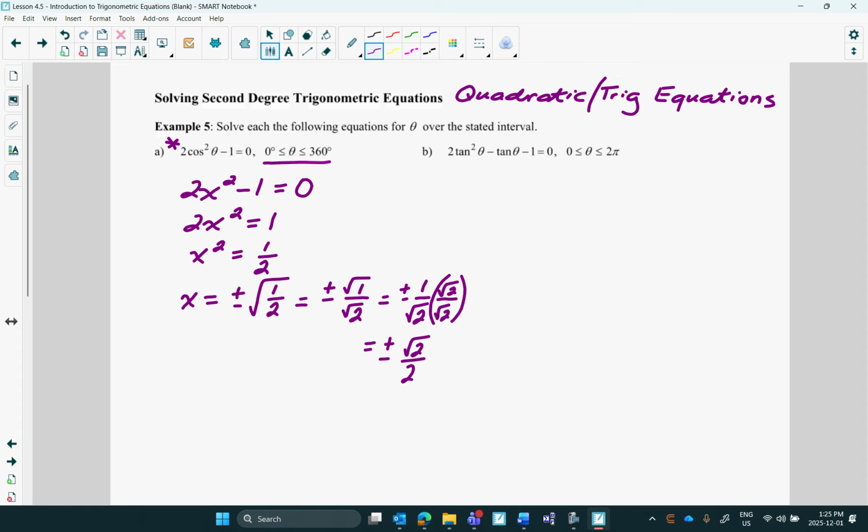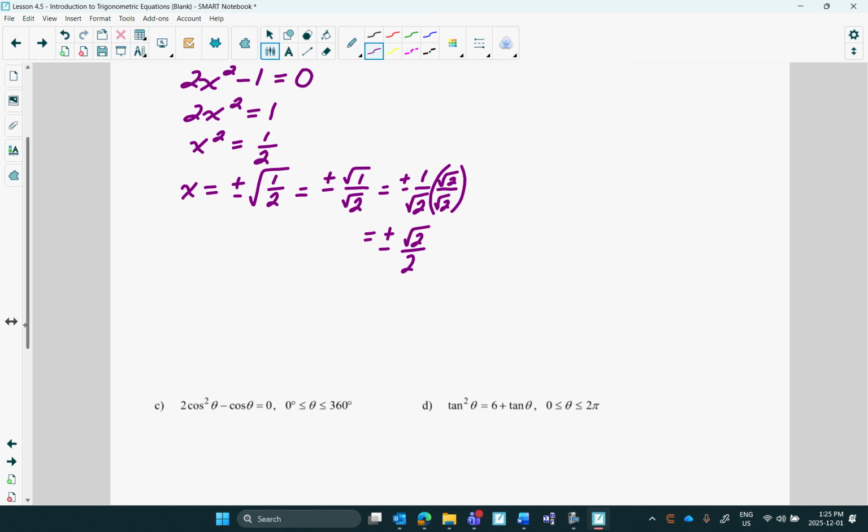Okay, and remember, there are 2 solutions here. My answer could be plus root 2 over 2, or my answer could be negative root 2 over 2. And sorry, instead of doing x, I'm going to mess up some space here.